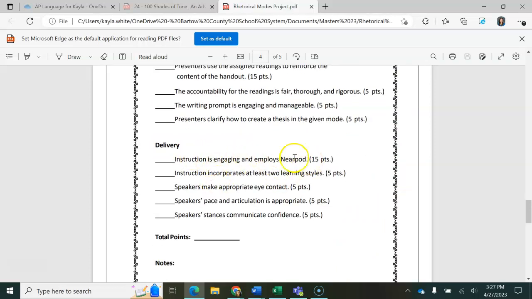The delivery is where we see Nearpod being employed and incorporating those differentiated learning styles.